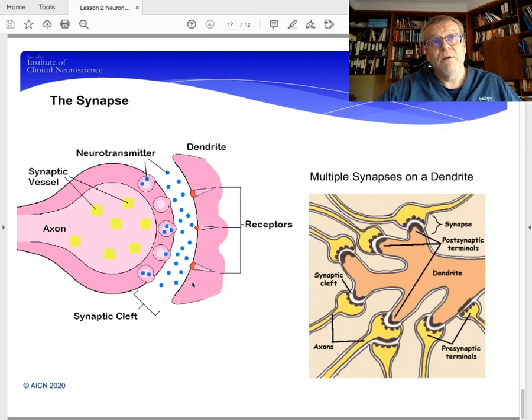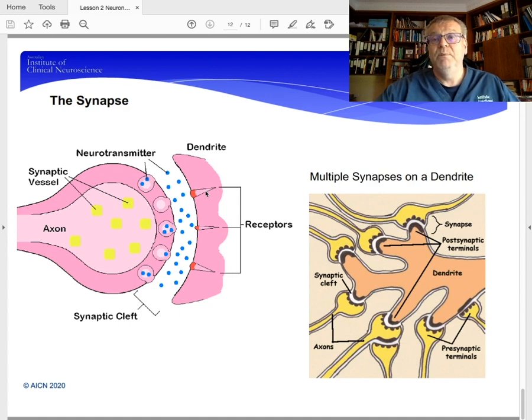On the dendrite we have receptors. And remember, these receptors are formed from that bilaminar membrane through proteins and glycolipids, glycoproteins that are on the surface of the cell.